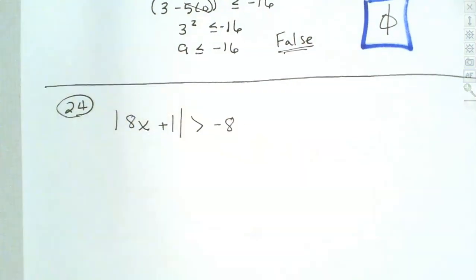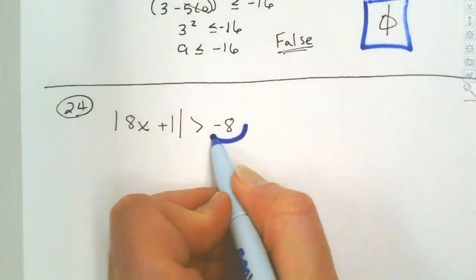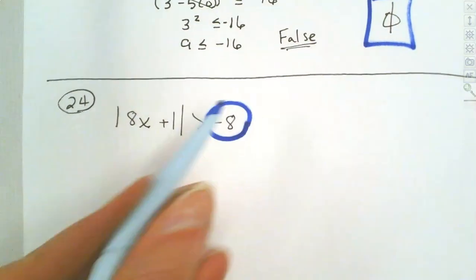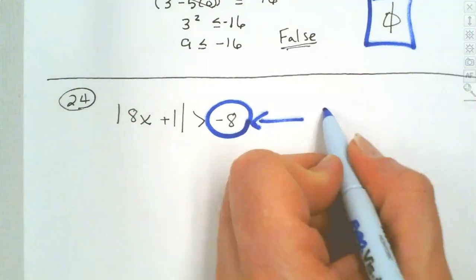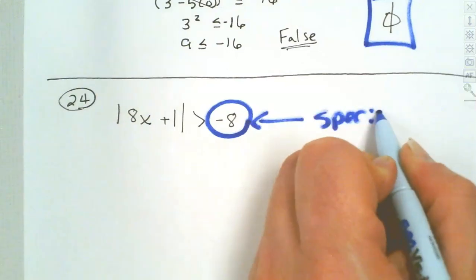For question 24, this is one of the most commonly missed questions. Students might fall into the trap of trying to solve it. But I don't have to solve it. Why not? Because of that -8. See that -8? That makes it a special case.